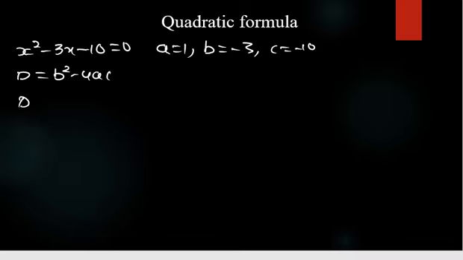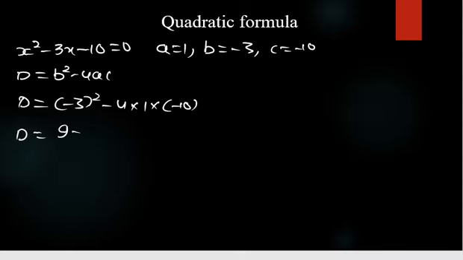So plug these values into this equation. b square means minus 3 square, minus 4 into 1 into c, which is minus 10. So we'll get D is equal to minus 3 square, which is 9, minus minus, so it becomes plus 40.